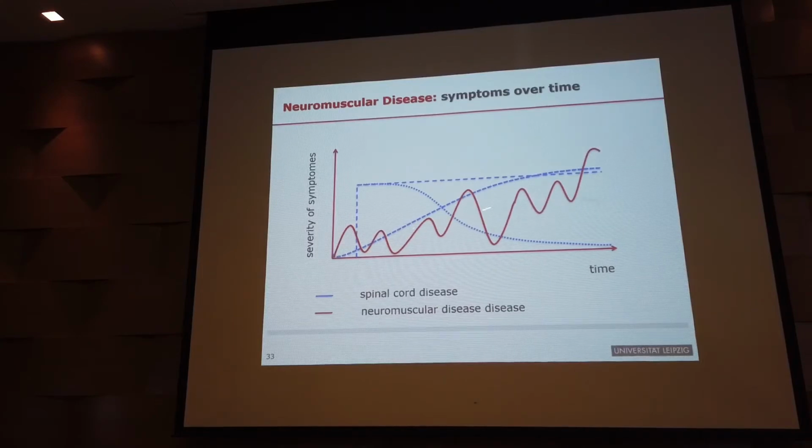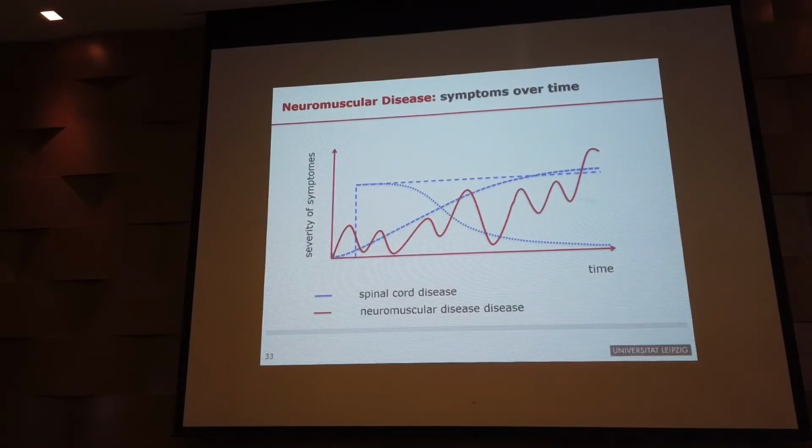As a tendency, the disease may progress, but it's not constant. If you have a structural disease of the spinal cord, it's there, and it will cause problems every single day. If you have a neuromuscular disease, the severity of the disease may actually be changing over days.